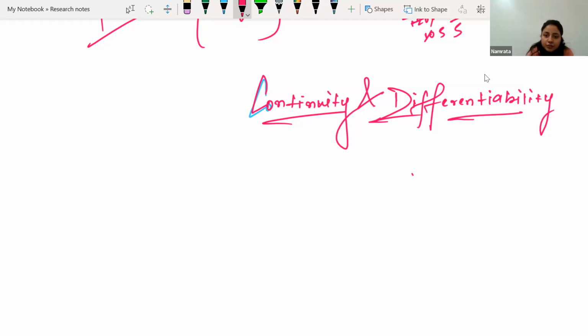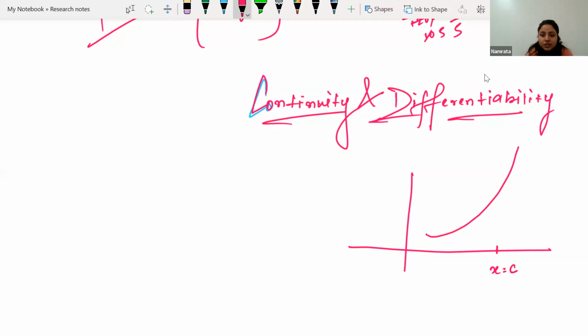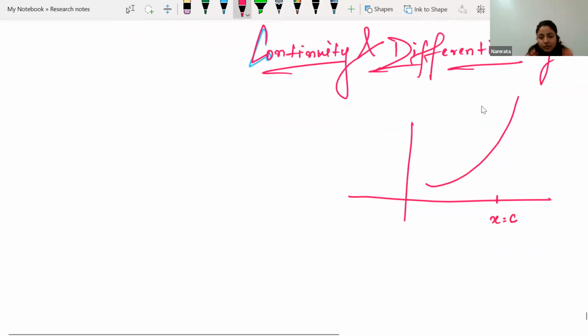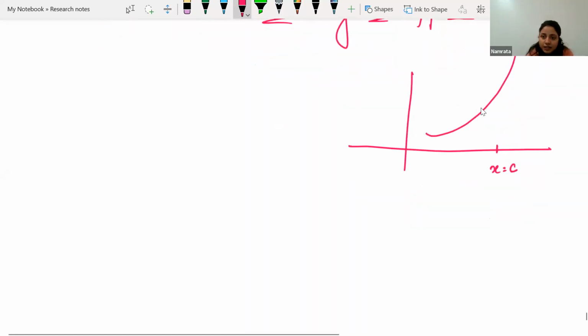So if you see the graph, suppose we have a graph like this, and here is a point, let's say x equals c. This is one graph where we can see the graph is continuous at the point x equals c.